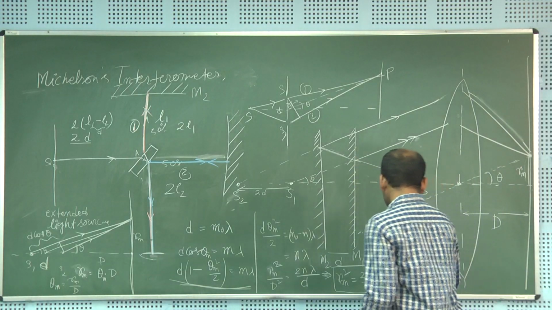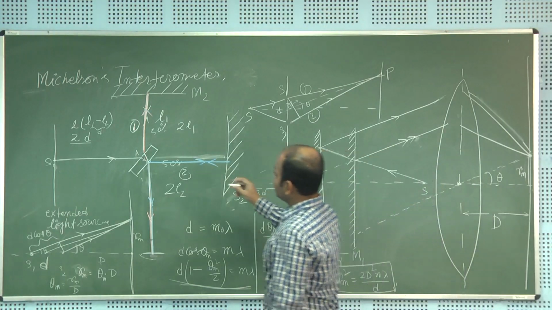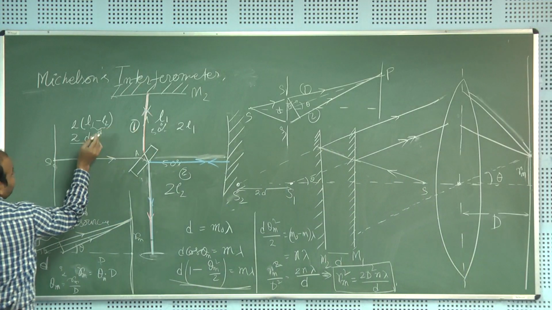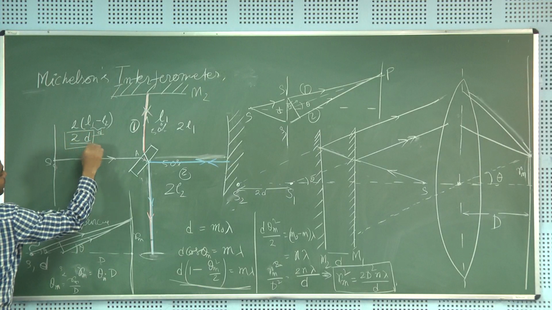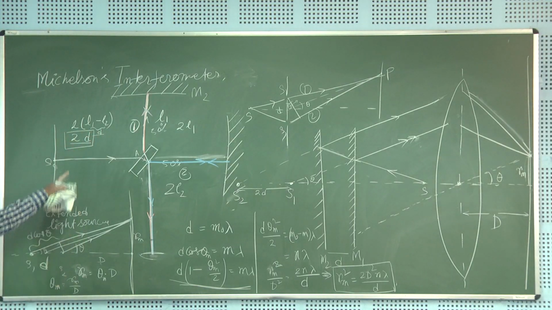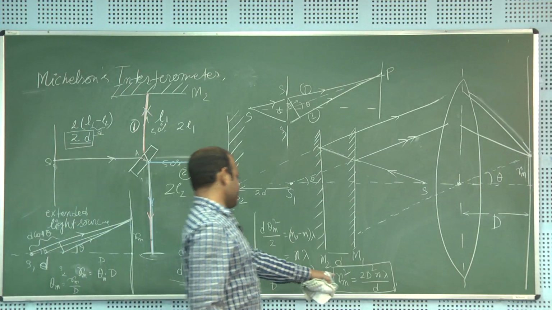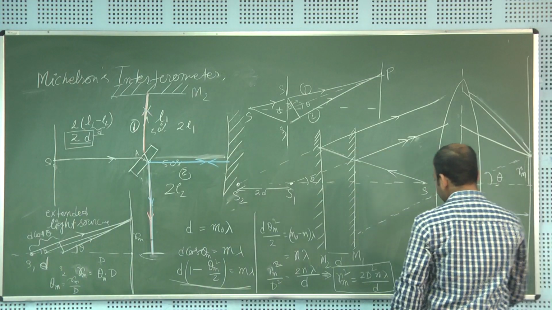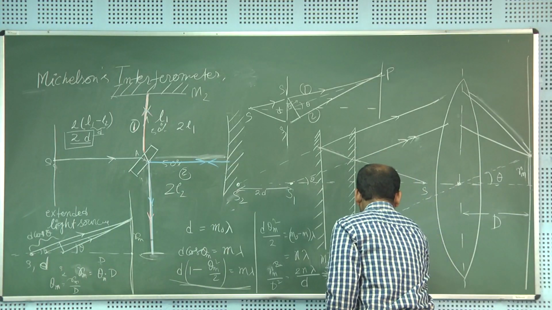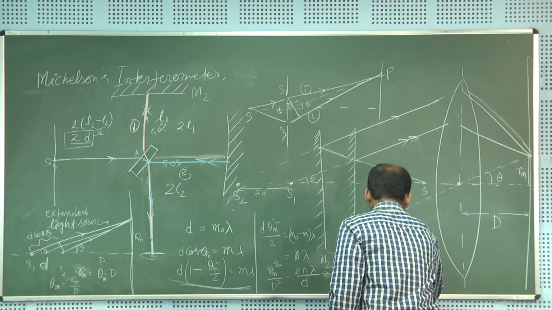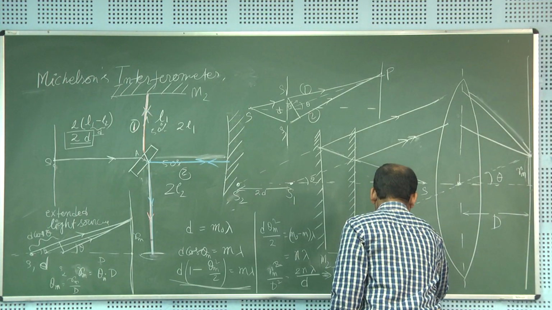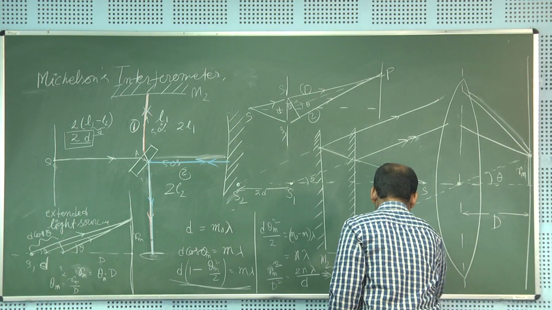then here you see that if I make the distance between the two mirrors small d, then the actual difference between the paths would be 2d. So, if I want to use this formula, it would be r m square, which would be d square n lambda by d.